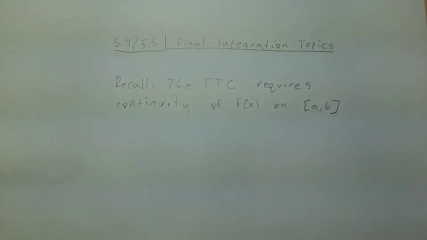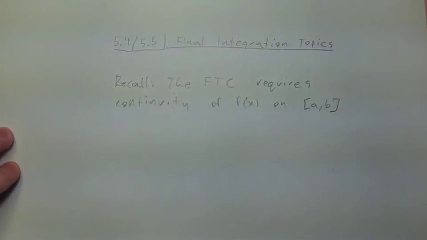And I want to show why this is and what happens when you look at something that's not continuous and what you end up getting. Okay, so let's take a look at that.